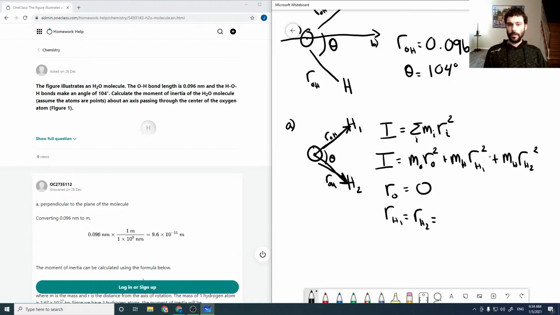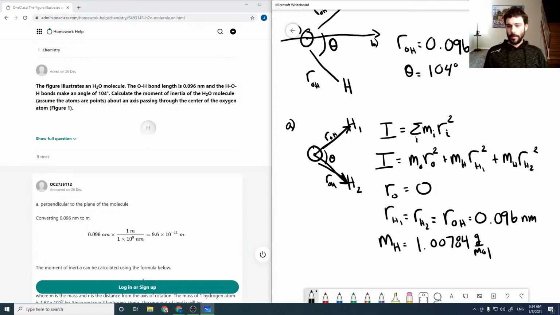The vector isn't the same, but the unsigned distance, which is what we need, is the same. So it's just equal to ROH, which is our 0.096 nanometers. And then the mass of hydrogen I'm just going to use as 1.00784 grams per mole.